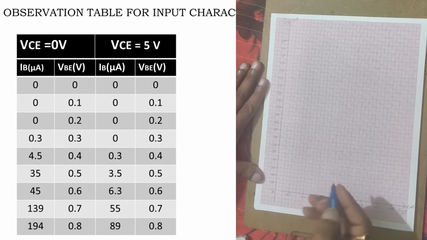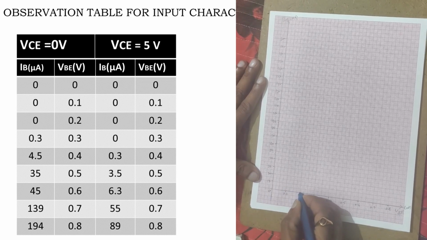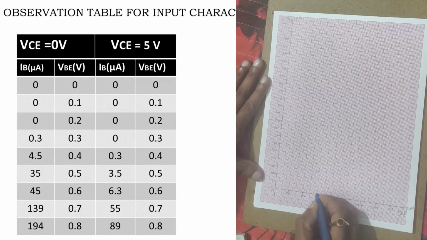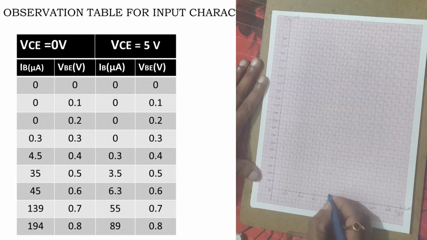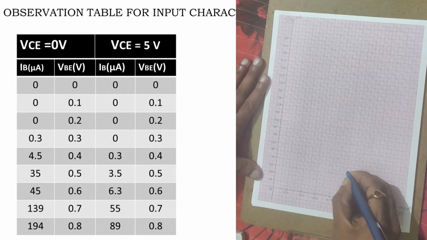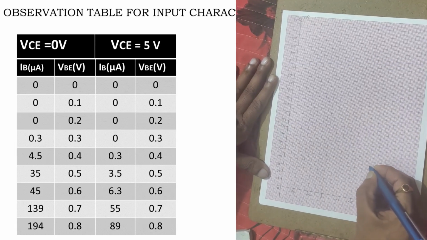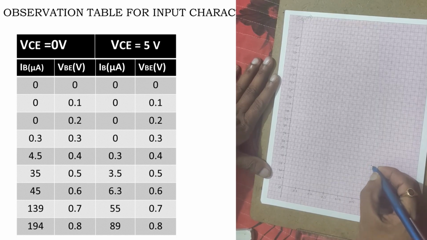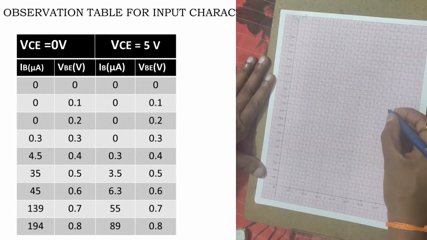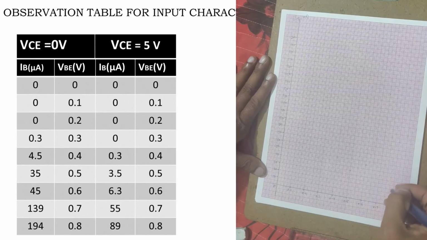Now from the table values, for 0 its value is 0, for 0.1 its value is 0, for 0.2 it is 0, for 0.3 its value is 0.3, for 0.4 its value is 4, for 0.5 its value is 35, for 0.6 its value is 45, for 0.7 its value is 139, for 0.8 its value is 194.